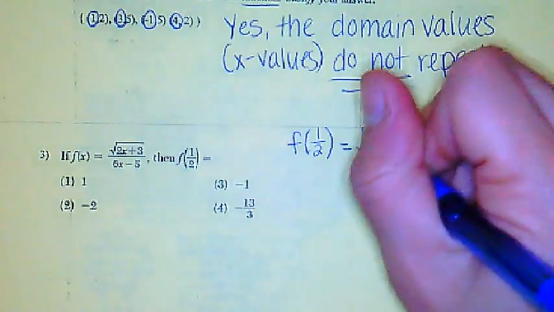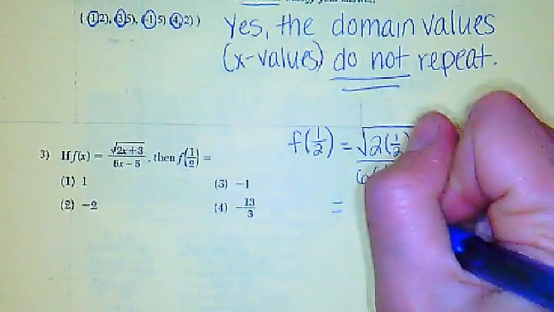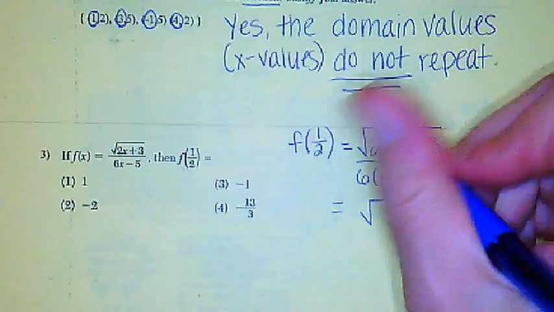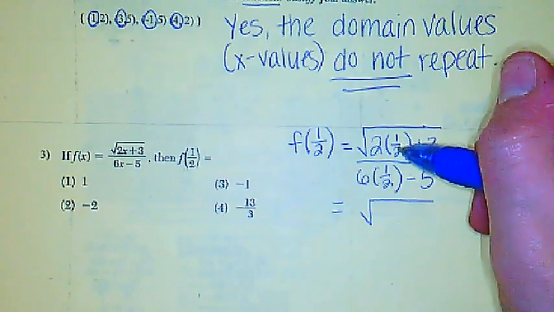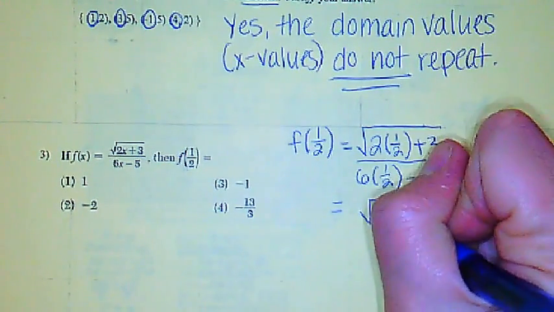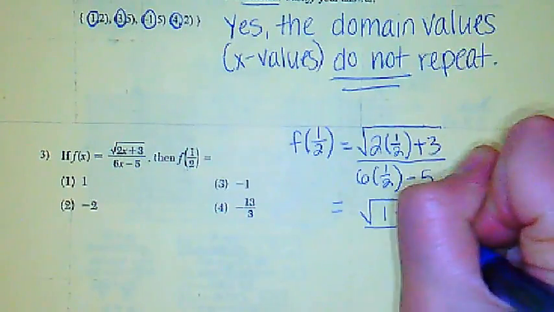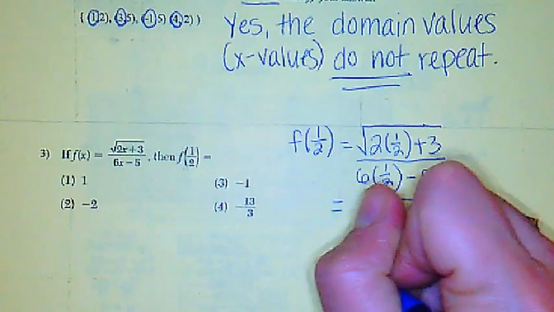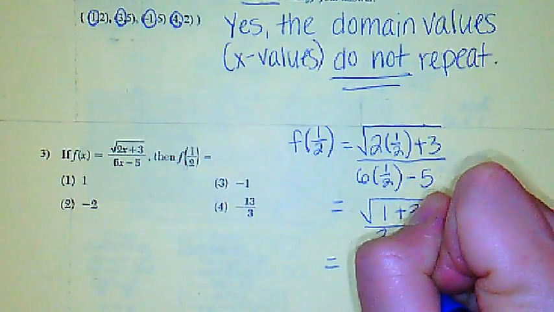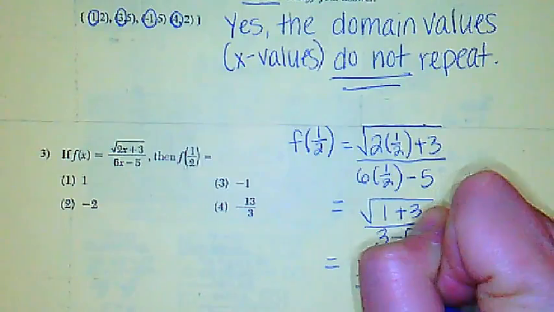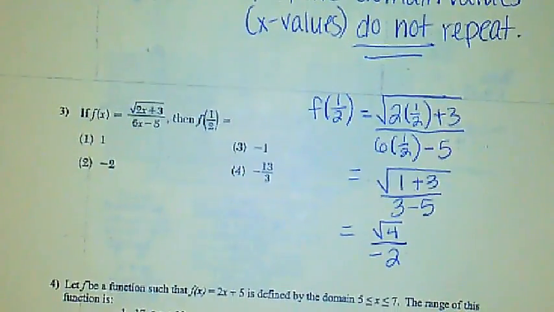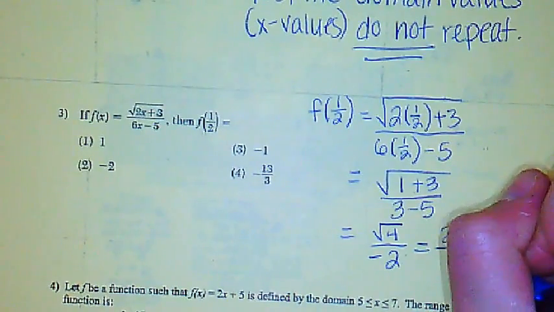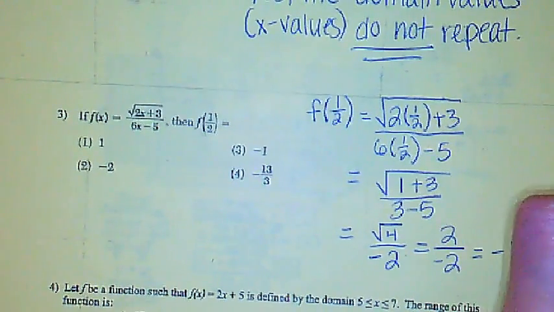So I want to solve everything that's underneath first. So 2 times 1/2 is 1, plus 3. And then 6 times 1/2 would be 3, minus 5. So I get radical 4 all over -2. If you solve that, the square root of 4 is 2, over -2. So the answer is -1.